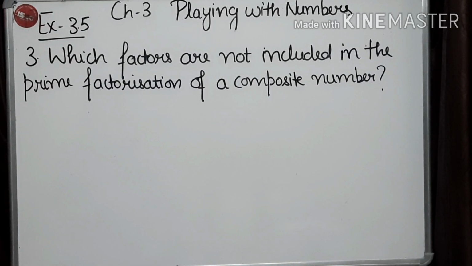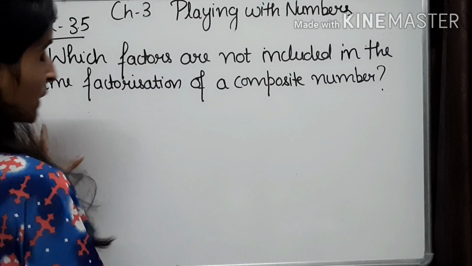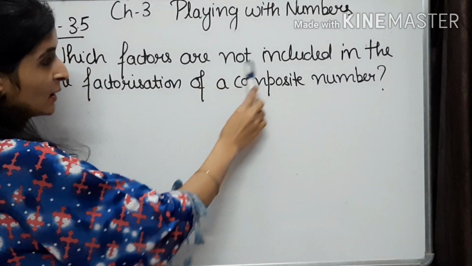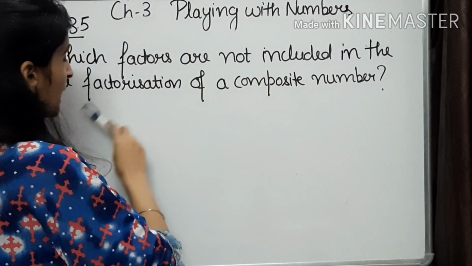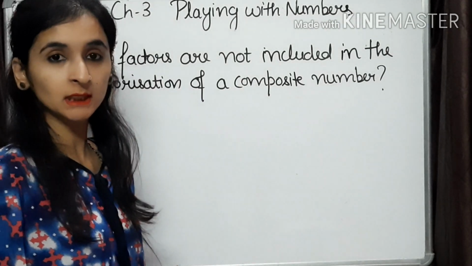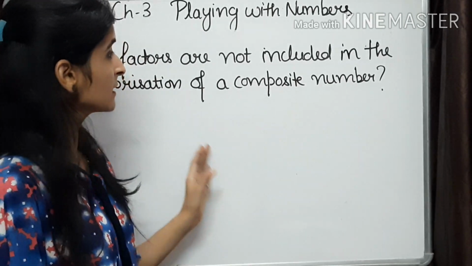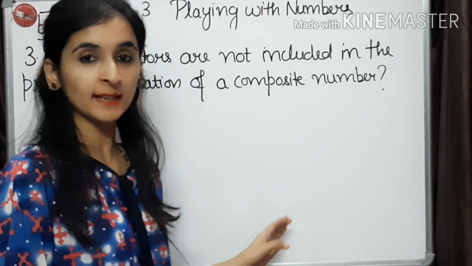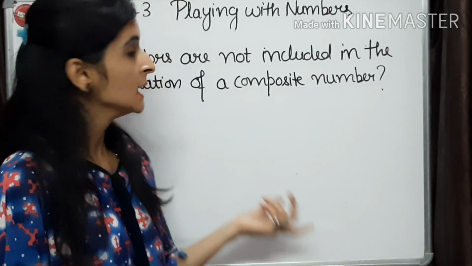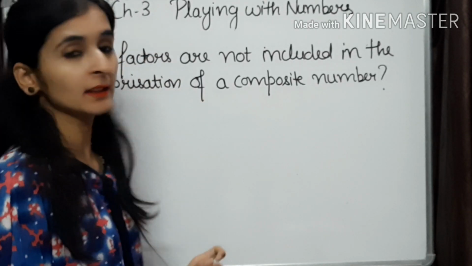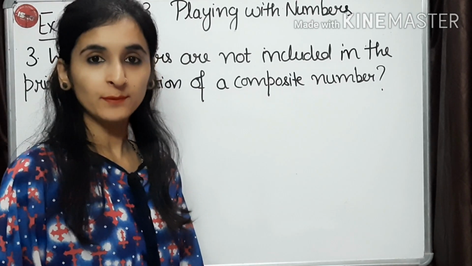Now let's come to the third question. Which factors are not included in the prime factorization of a composite number? So children, what is the question? Whenever we are doing the prime factorization of a composite number, which factors are not included in the prime factorization?